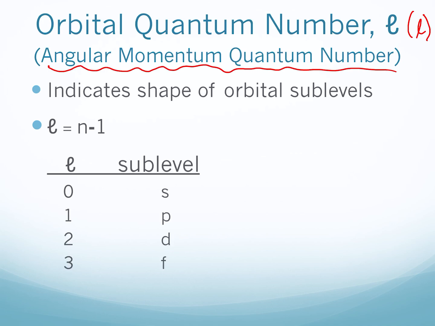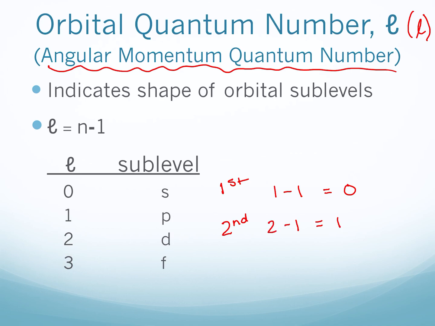So in the first energy level, we can only have S. If we think about the first energy level, we go 1 minus 1, that gets us 0. So in the first energy level, there is only the S orbital. In the second energy level, we go 2 minus 1.